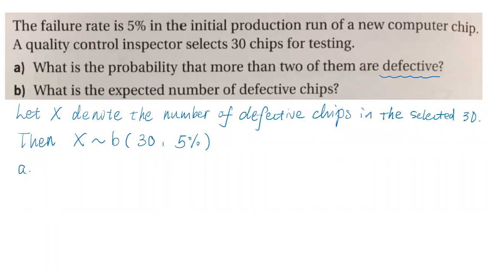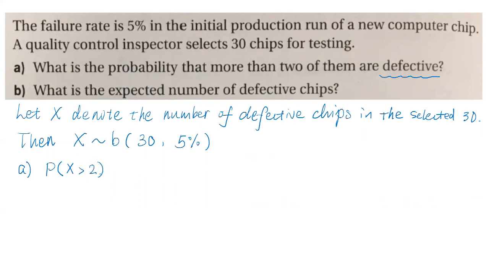Okay, so question A, what is the probability that more than 2 of them are defective? That means we are going to calculate the probability of X equal to or over 2. Oh, sorry, not equal to. It says more than, right? More than means X more than 2.